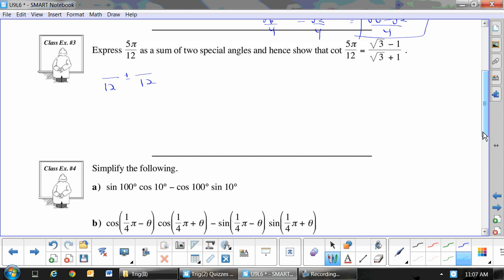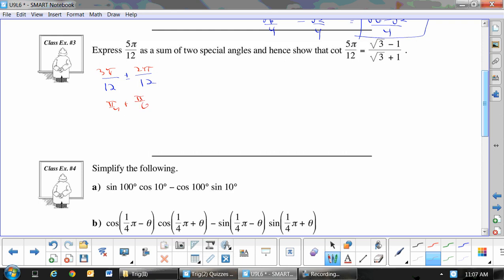Okay? Now is there two things that add to make 5 that if I reduce them, they'll be on the unit circle? 3 and 2? Okay, so if I put 3 pi over 12 and 2 pi over 12, that reduces to pi over 4 plus pi over 6.